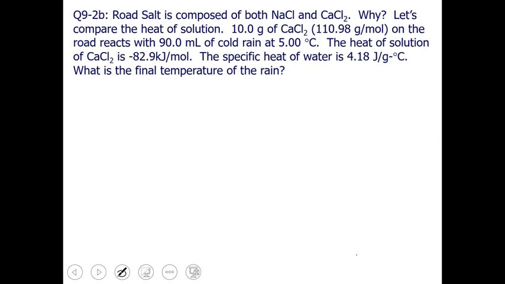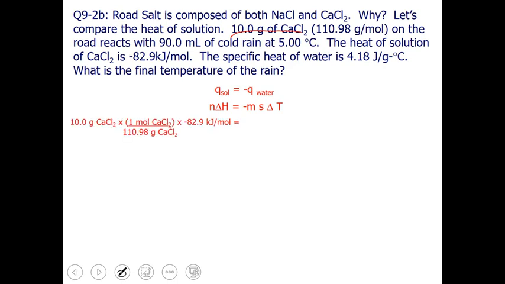Now let's look at the calcium chloride. Again, it's the same gram amount and the same setup. Q solution equals negative Q water, or n delta H equals minus m s delta T. So I will figure out my moles of calcium chloride, and you notice this time the heat of solution is negative, so it is exothermic.